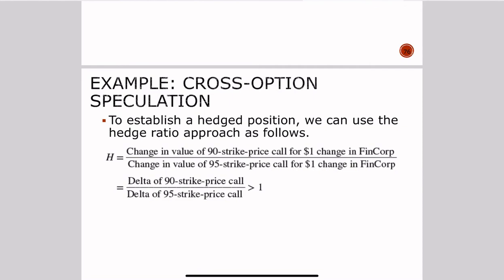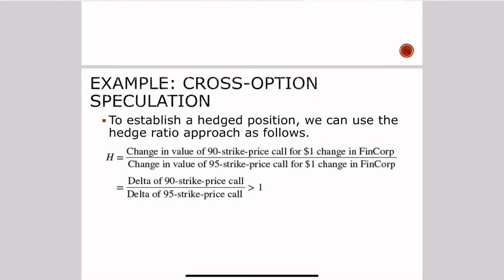When we have a portfolio of call options and shares, we define the hedge ratio as the change in call option value divided by the change in stock price. It's similar when you have a portfolio of put options and shares. In that case, the hedge ratio is defined as the change in put option value divided by the change in stock price.